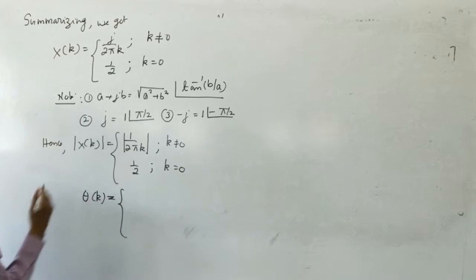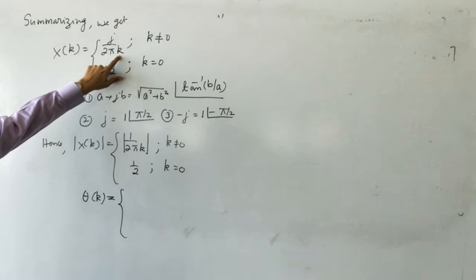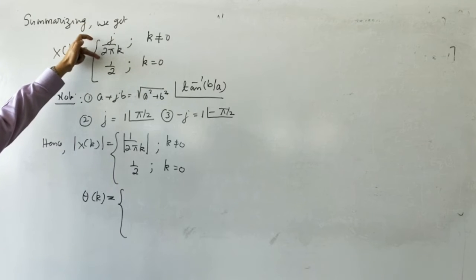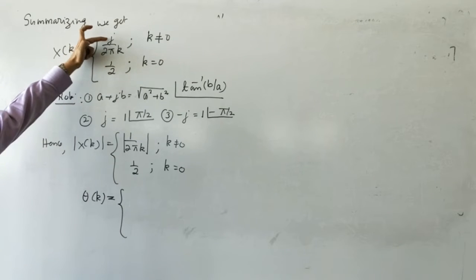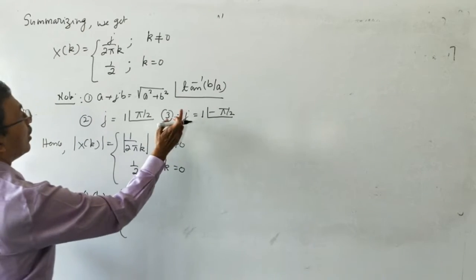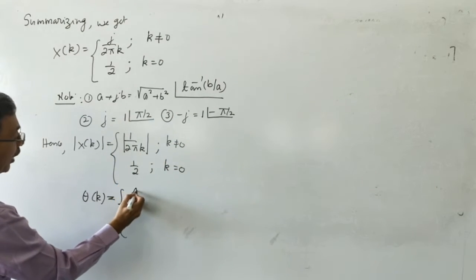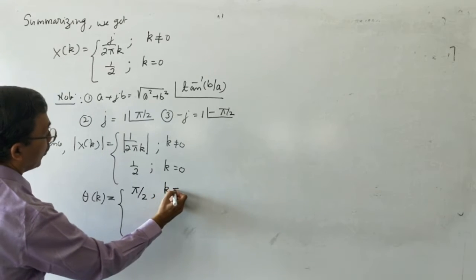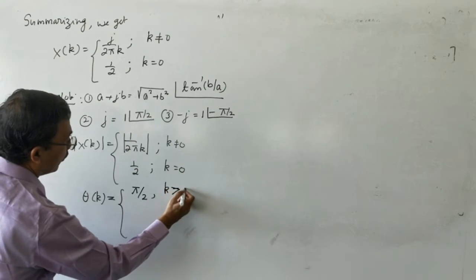Theta of k. When k is positive, for example, take k is equal to 1. What you get? j by 2 pi k. So what is the angle of j? Angle of j is pi by 2. So I'll write pi by 2 when k is greater than 0.